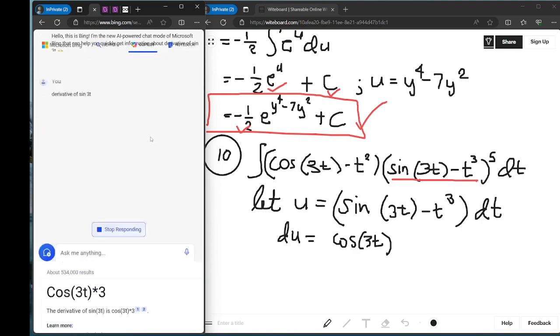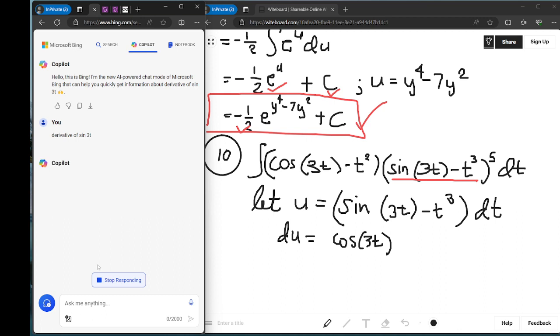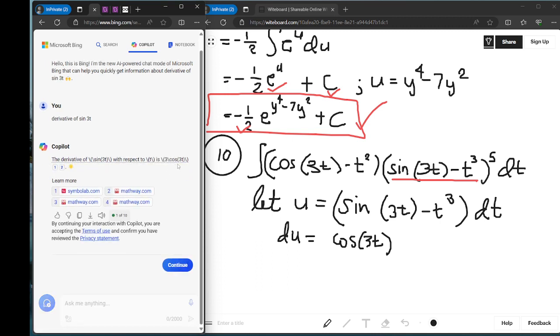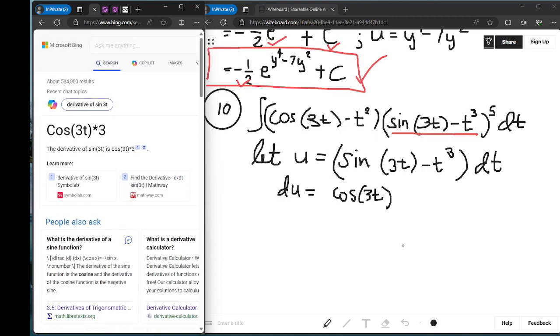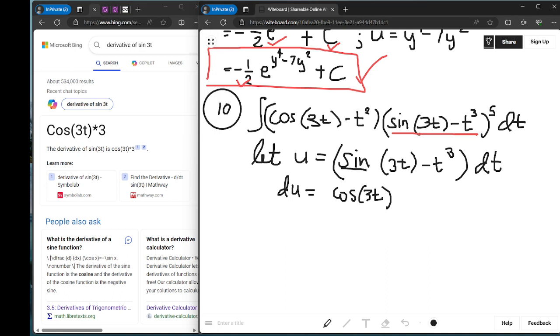Let's have Copilot's answer: 3 cosine of 3t. So that's actually the derivative of sine times the derivative of 3t, so that is times 3. Then this one is 3t.